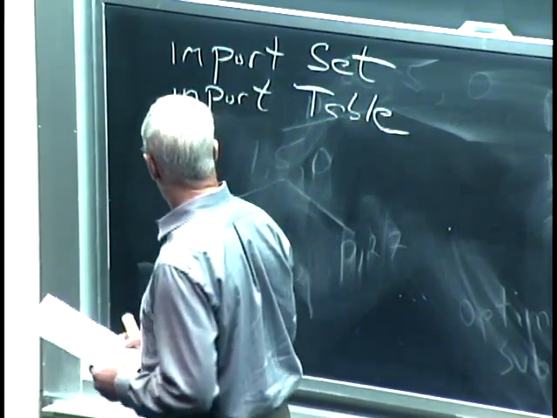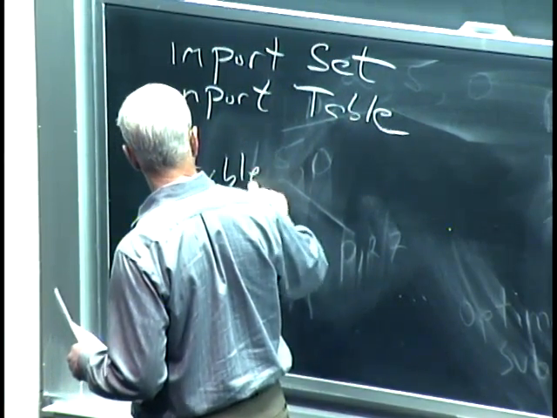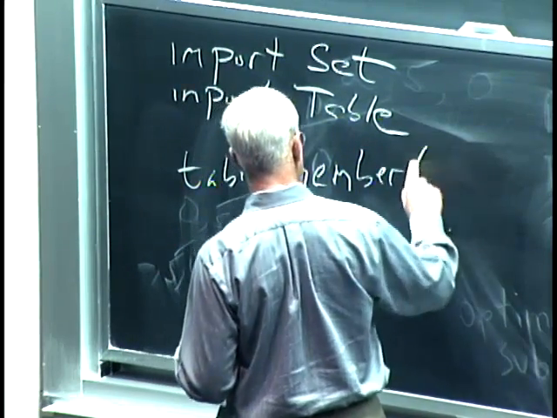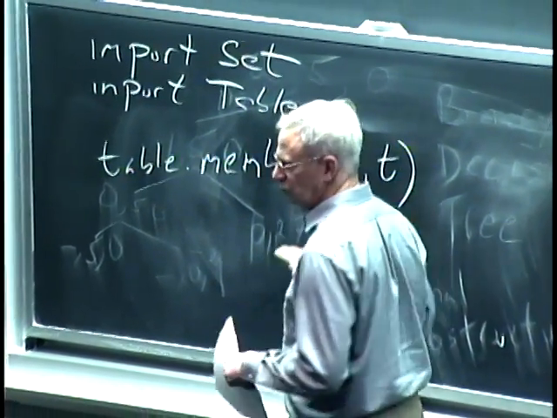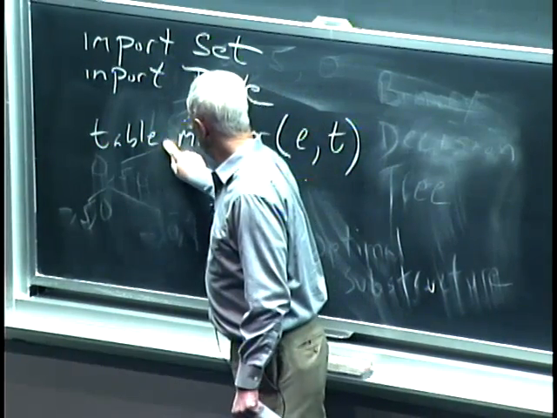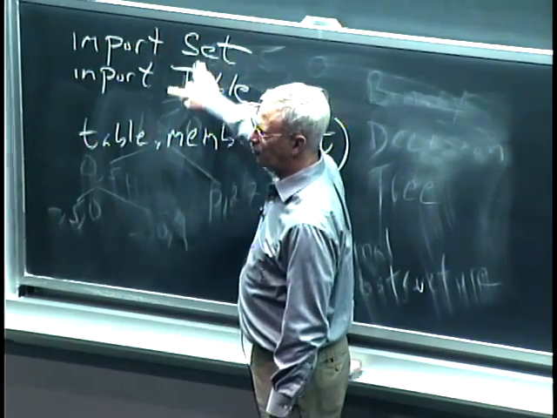Well, what I would have written is something like table.member, and then the element and maybe the table. And the dot notation was used to disambiguate. So I want the member operation from table, not the member one from set.